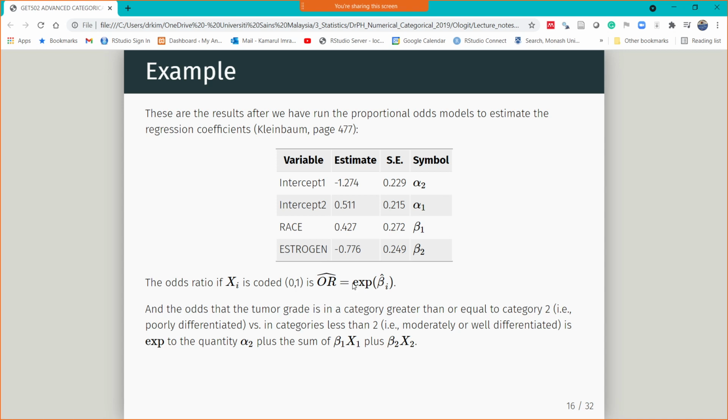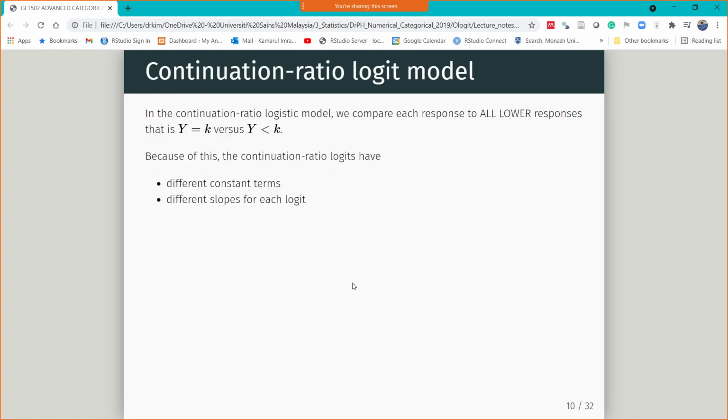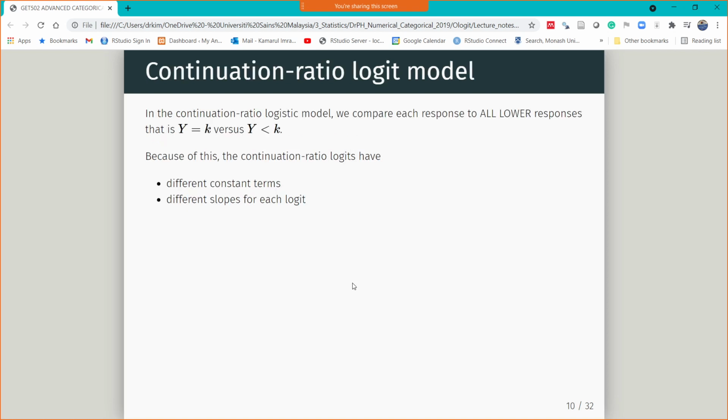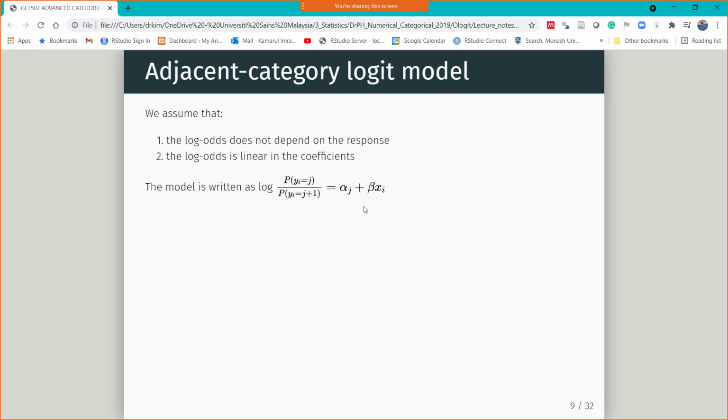This is one good thing if you run the proportional odds model, because if you run an adjacent category or continuation ratio model, and you have three categories of outcome, then you have two beta values for gender and two beta values for age and two beta values for other covariates.